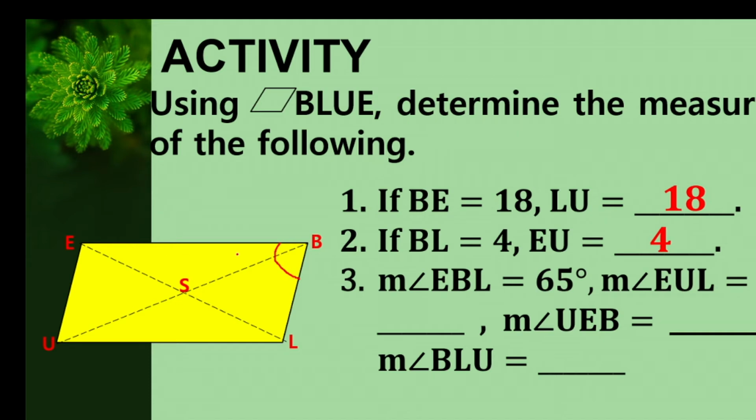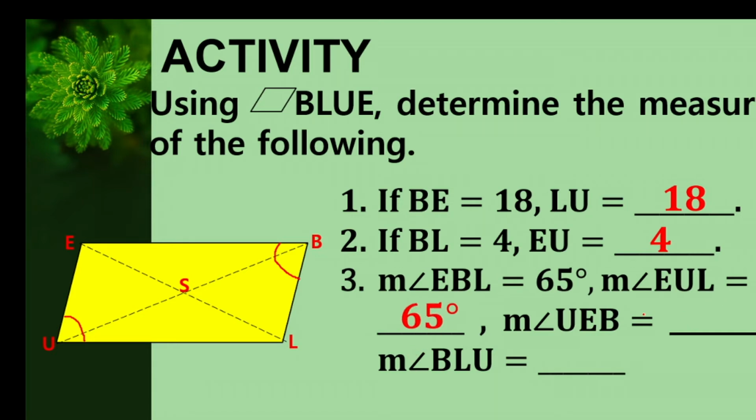If the measure of angle EBL is 65 degrees, what would the measure of angle EUL be? Angle EUL and angle EBL are opposite angles. So, based on the properties of a parallelogram, opposite angles are congruent. Therefore, the measure of angle EUL is equal to 65 degrees.